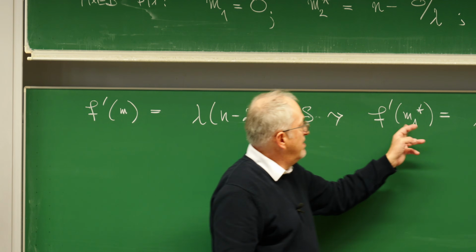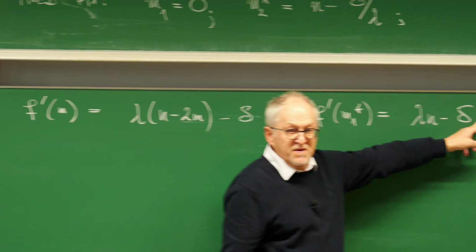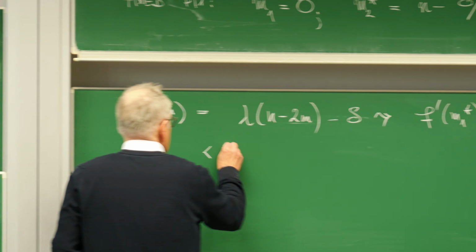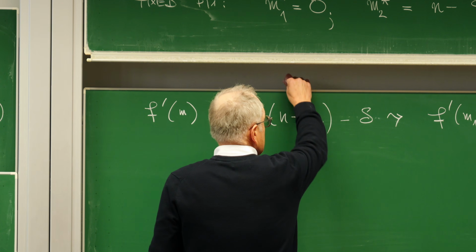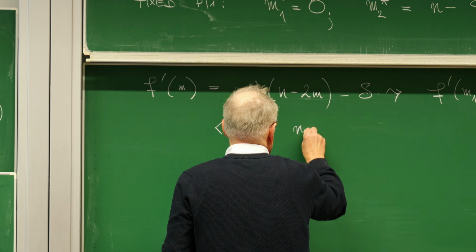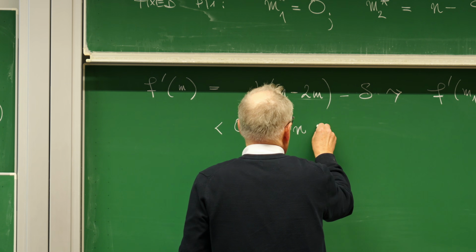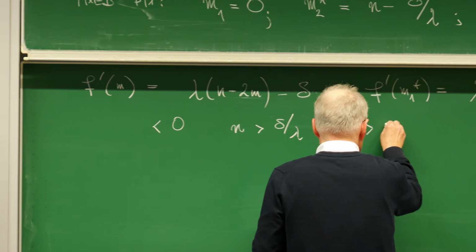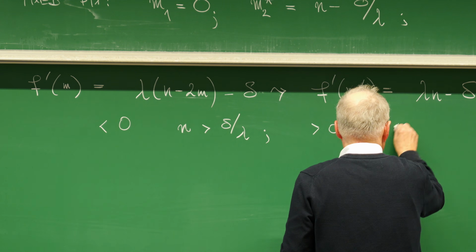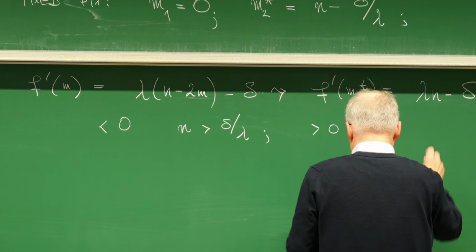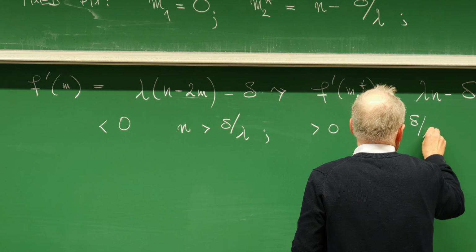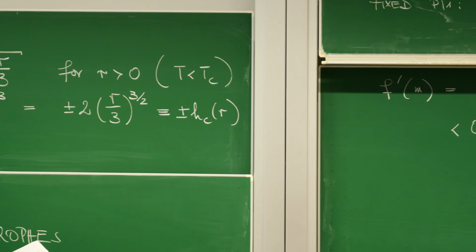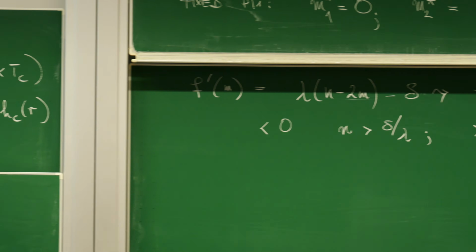It's stable, so m1 star is 0, is stable if this is negative, and that means the population size has to be such, so let me write this down, this is negative for n larger than delta over lambda, and it is positive for n smaller than delta over lambda. Do I get this right? Yeah.